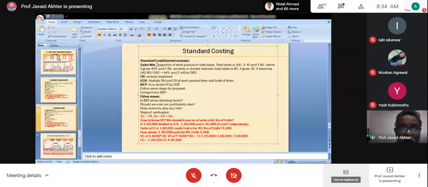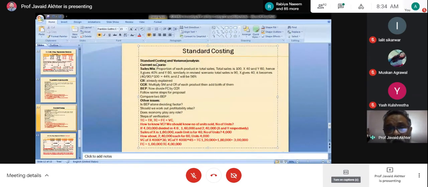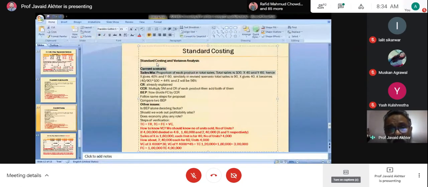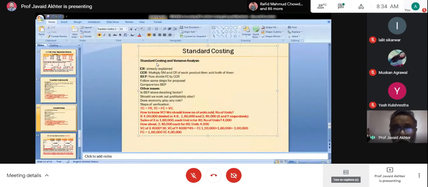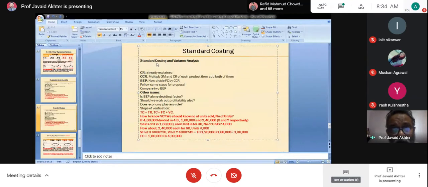Standard costing, I'll just give you an idea about it, and variance analysis. This is another completely new chapter. For making any product, a firm always estimates before it decides how much cost it is going to incur in producing this particular product.